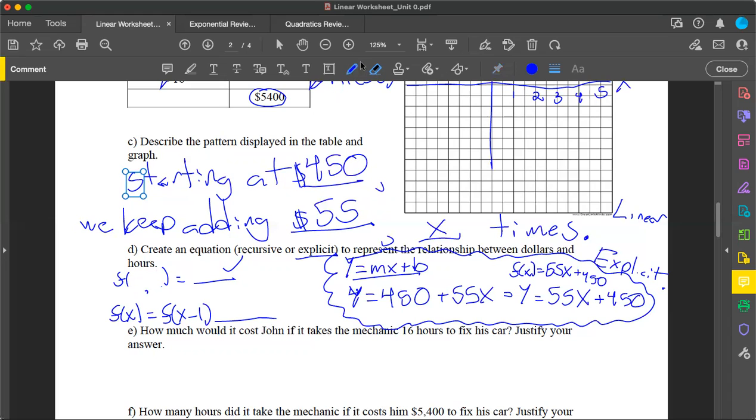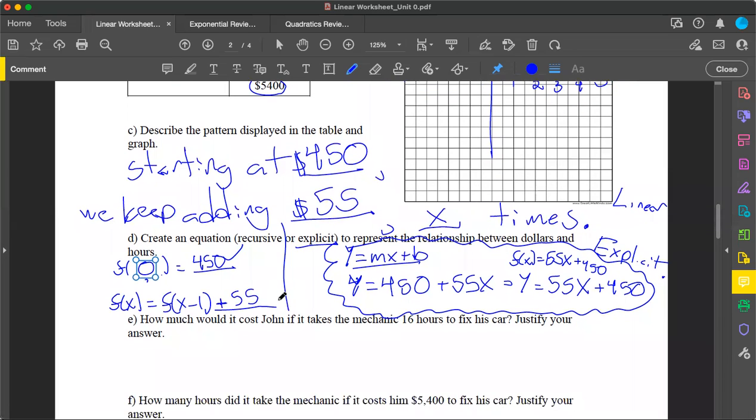We joked that it would work for 0 hours, but we would have to pay 450. And then we would take our previous amount and just keep on adding 55. So this is the recursive.